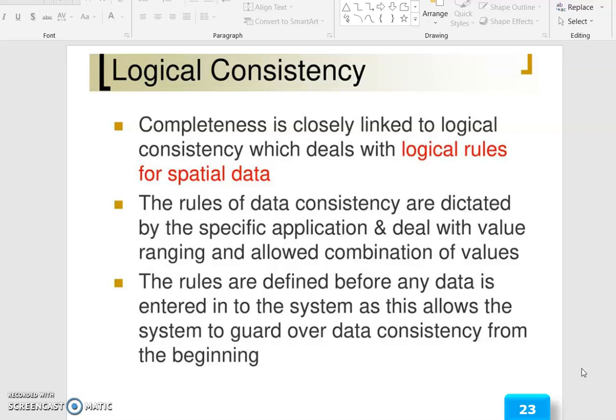The rules of data consistency are dictated by the specific application and deal with value ranges and allowed combinations of values. The rules are defined before any data is entered into the system, as this allows the system to guard over data consistency from the beginning.